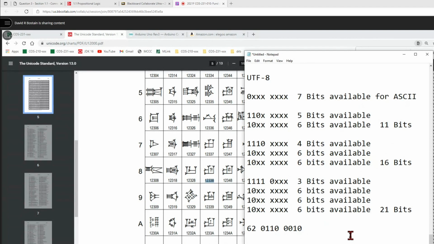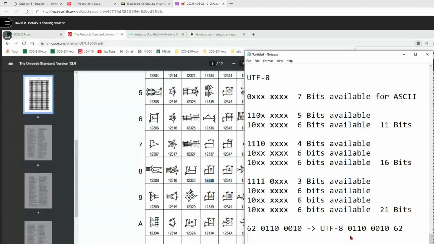So I would encode it exactly like it's encoded. So the UTF-8 is 01100010, which is again a 62 in hex. Notice it's identical. Notice also, because it's 8 bits long, there is no such thing as big endian or little endian. That only applies to multiple bytes.